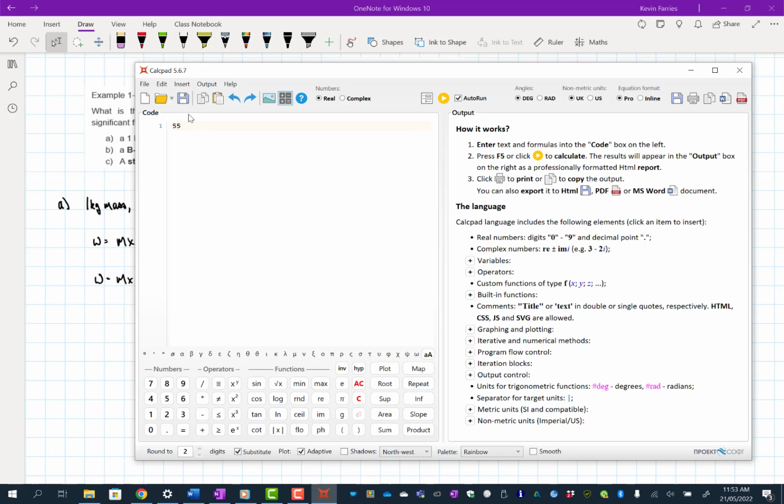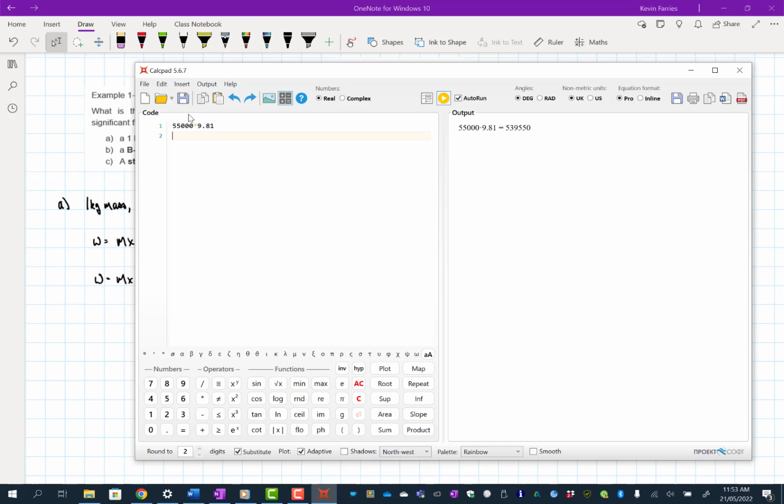For this little calc pad, better not leave a space, times 9.81. So 539,550. I'm just thinking about how to round that. And so we want 3 significant figures because we use 3 significant figures in our acceleration due to gravity. So it's 540,000.